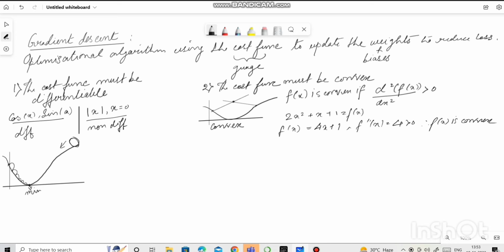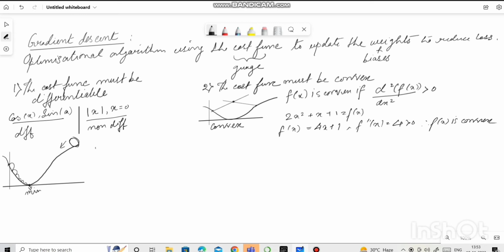Similarly, it happens when we are going to reach the minima. The slope or the gradient becomes very small, and hence the rate at which the weights are updated also reduces.